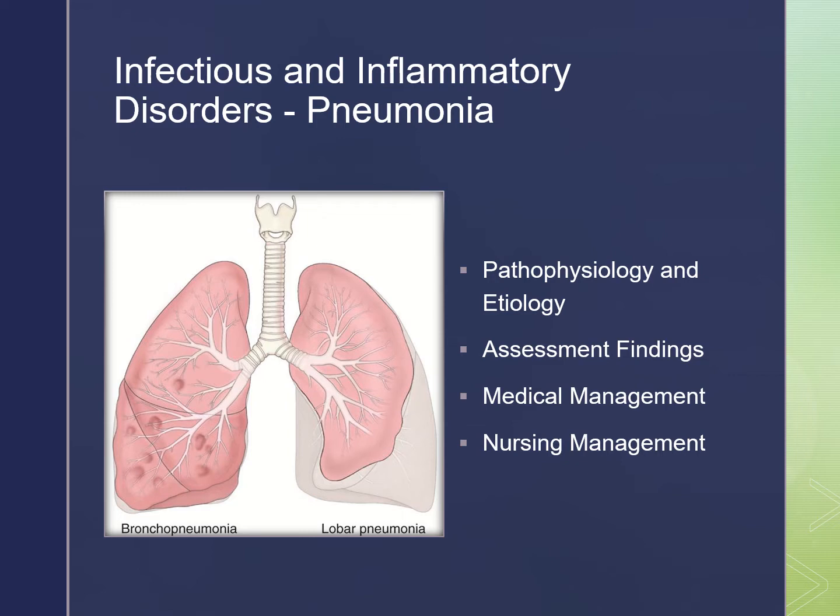We treat it with antibiotic therapy, hydration, oxygen, bed rest, chest physiotherapy, postural drainage, bronchodilators, analgesics, antipyretics, and cough expectorants or suppressants. So let's talk about some of the antibiotics.